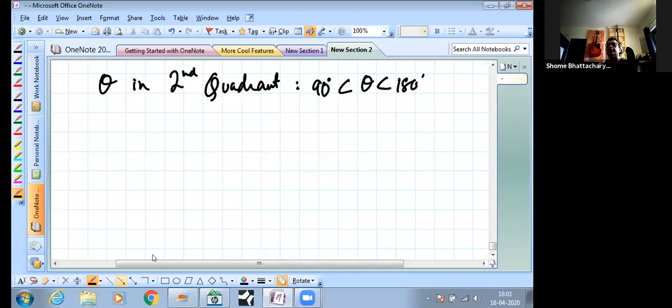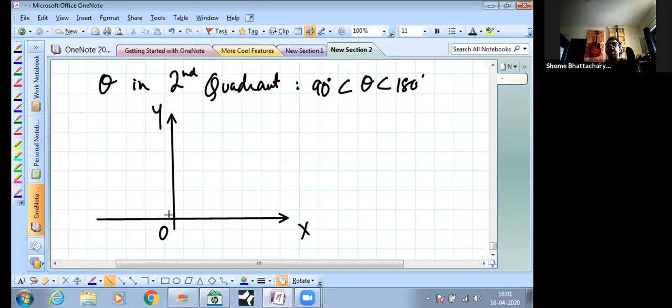It will look something like this. If this is my y-axis and this is my x-axis, and this is the origin point. Now I have rotated something by an obtuse angle, so it will lie somewhere here. It will lie in the second quadrant.